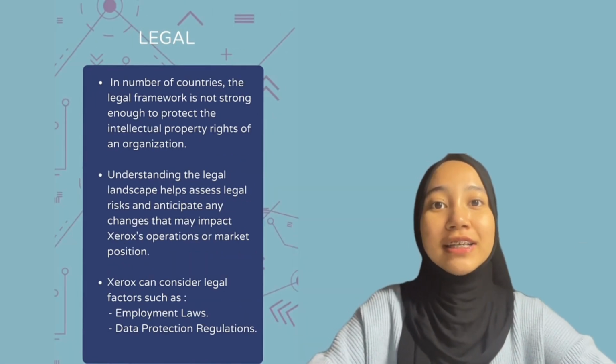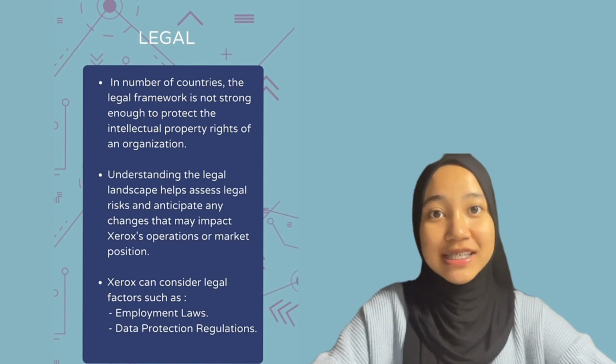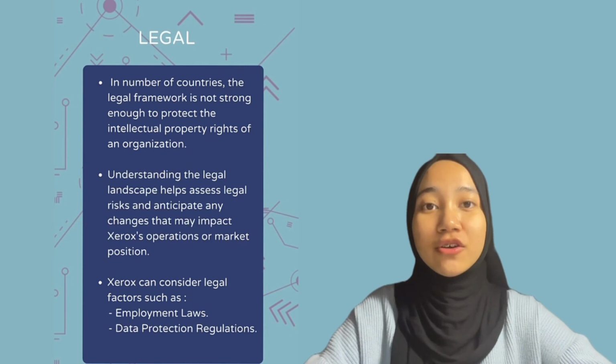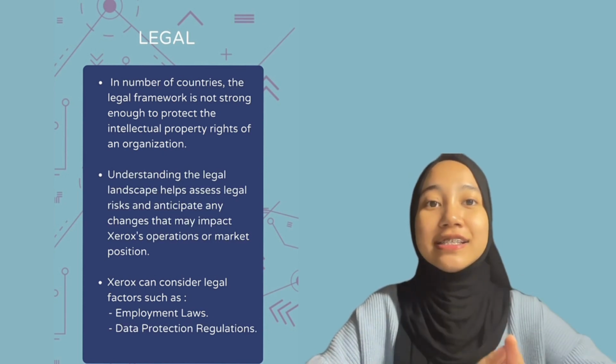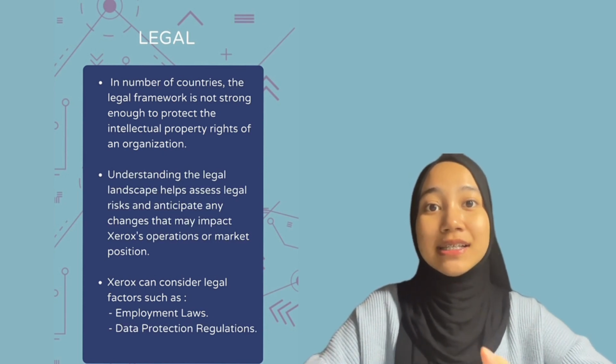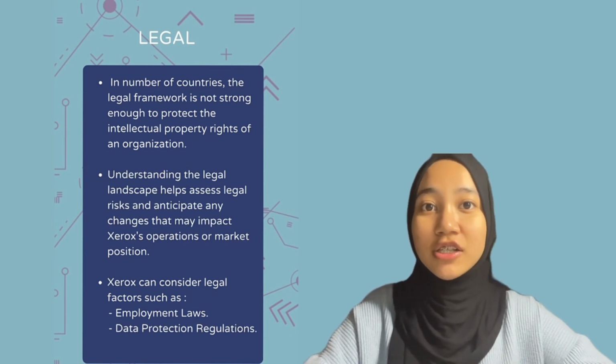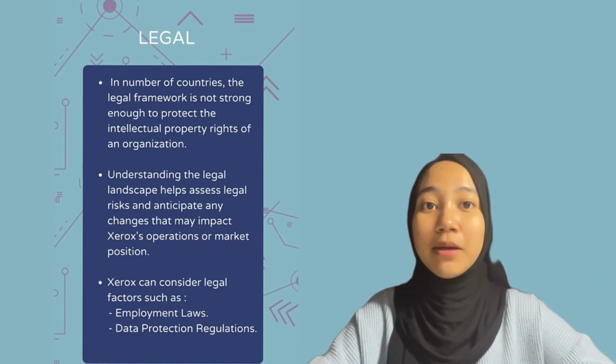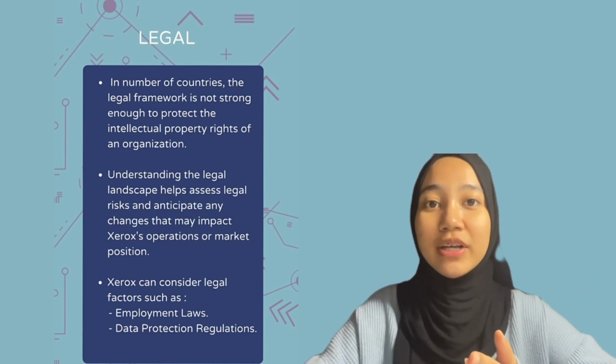Moving on to the legal analysis, in a number of countries, the legal framework is not strong enough to protect the intellectual property rights of an organization. Understanding the legal landscape helps assess legal risks and anticipate any changes that may impact Xerox operations or market position. Xerox can consider legal factors such as employment laws and data protection regulation.